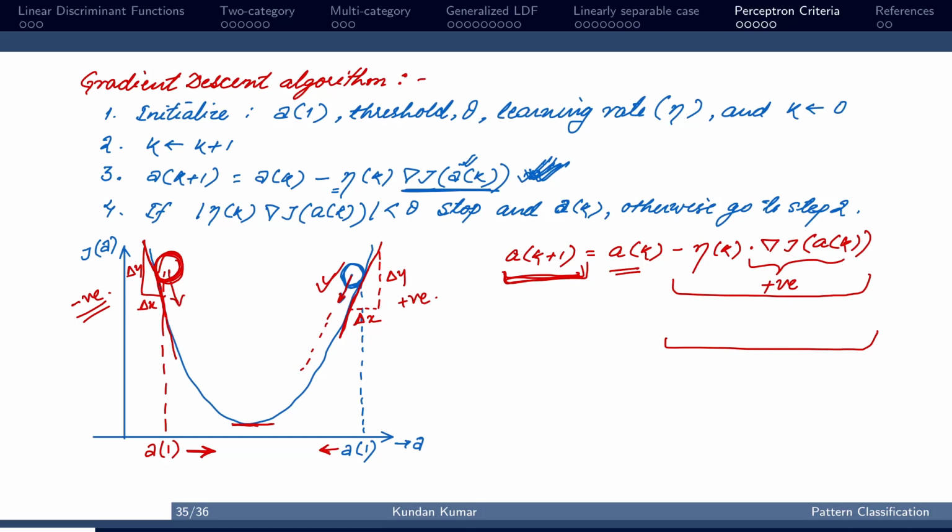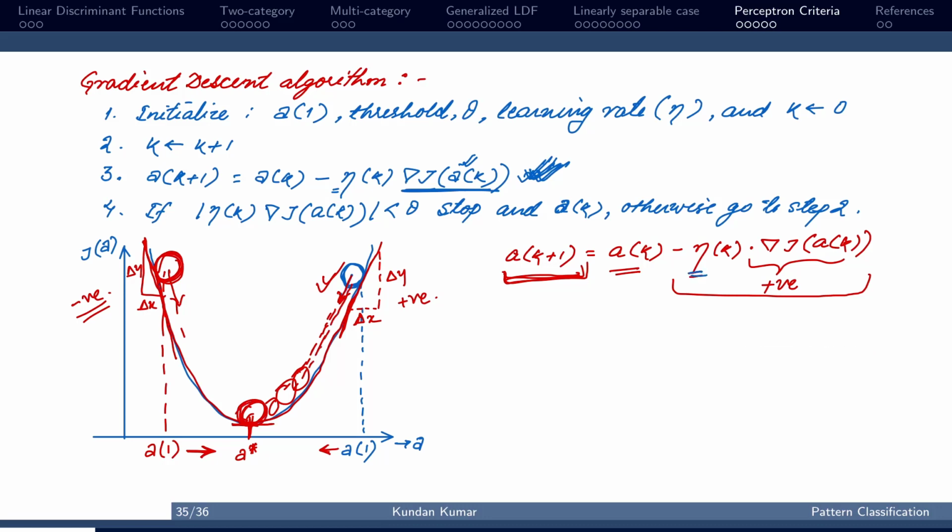Our solution vector will oscillate on this curve, and when it settles down it will come to the global minimum, and here we will get our solution vector. So iteratively it will come to the solution.